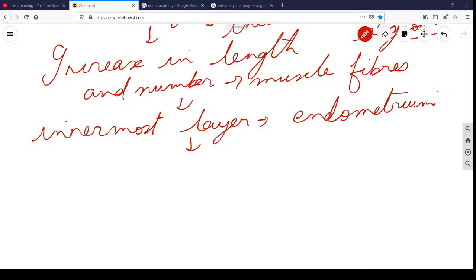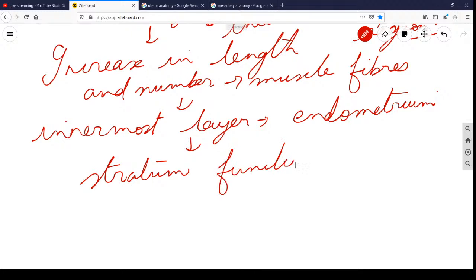This is the functional layer, stratum functionalis.